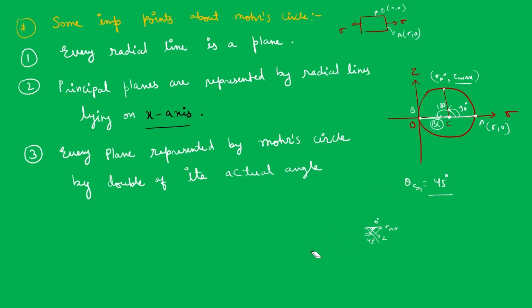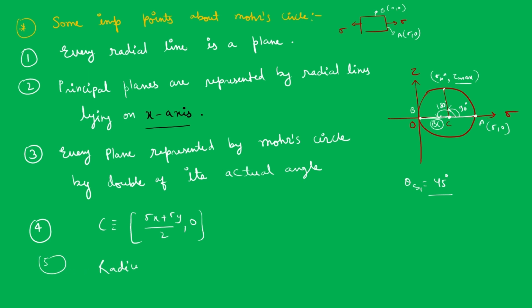Now then, if that is clear, let's see another point. The fourth point is the center of the Mohr circle. The center is represented by sigma x plus sigma y by 2, comma 0. And the fifth point is the radius.